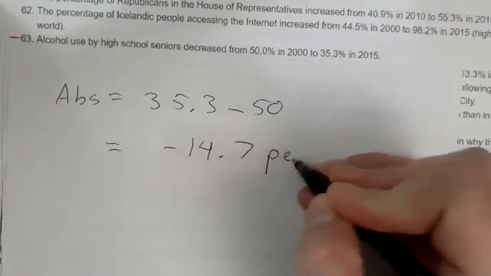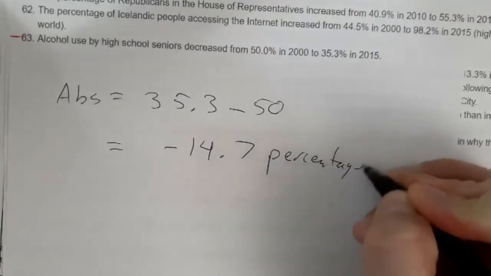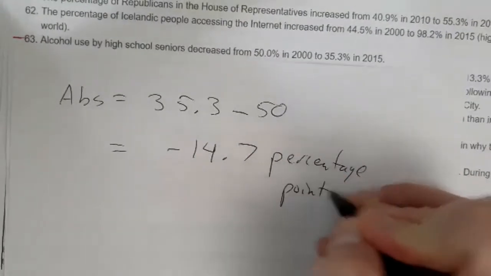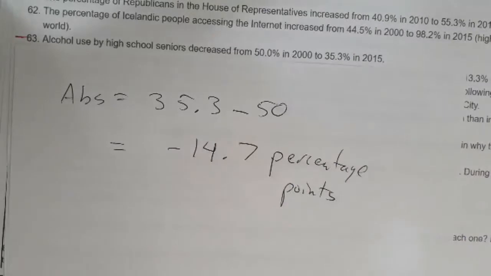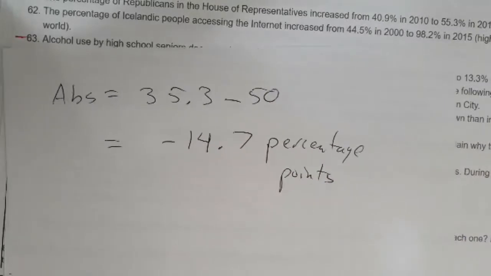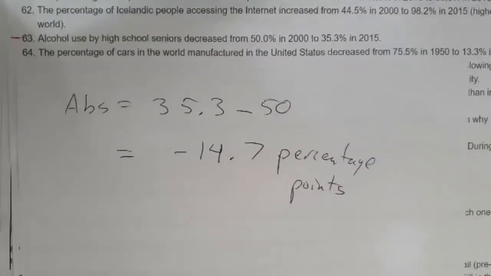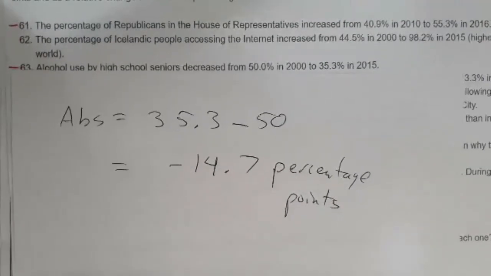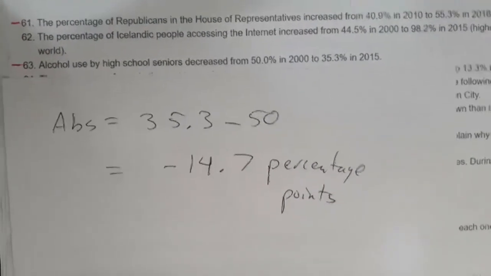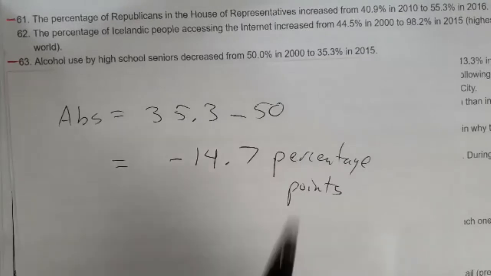Percentage points. So don't put percentages, don't put the percent sign. This one is the PP, the percentage points. This refers to the raw difference between those two percentage numbers.